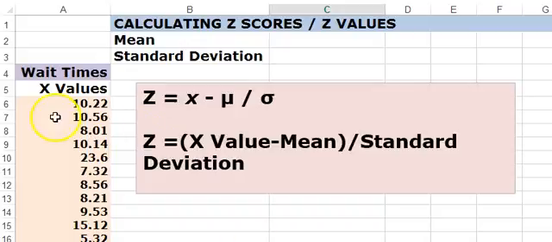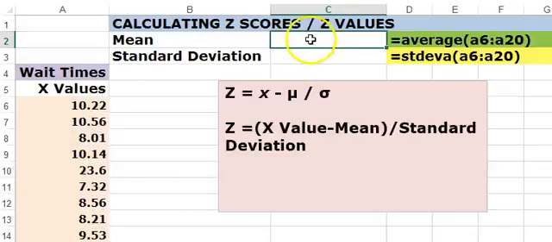And if you take a look at our A column, you'll see the X values, which are the wait times in that A column. So the first thing we're going to do is calculate the mean. So I've clicked on cell C2, equal average for the mean.